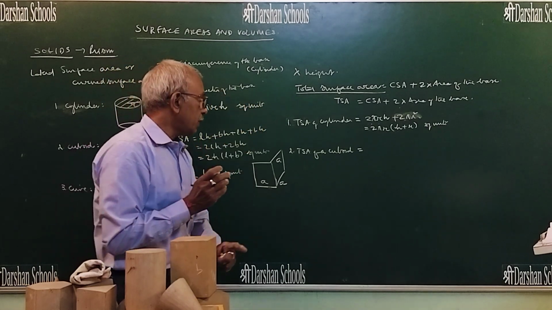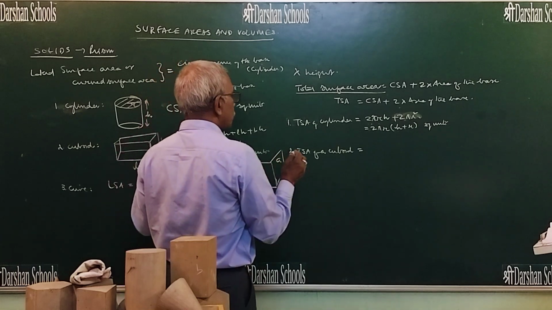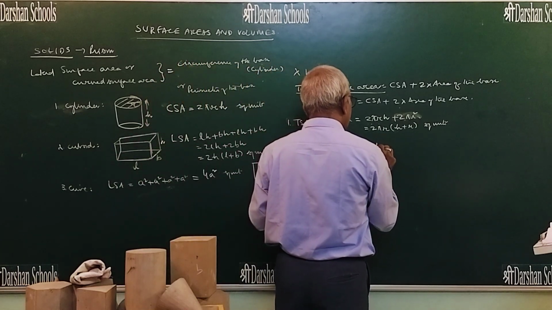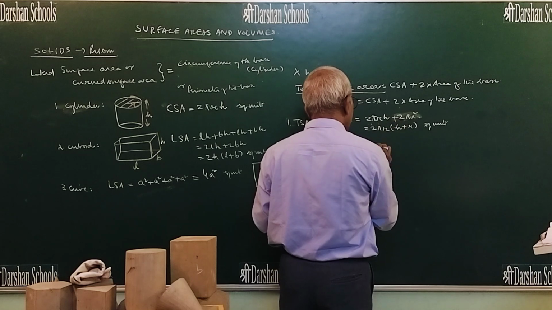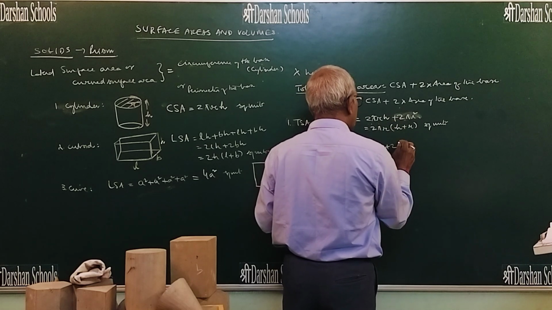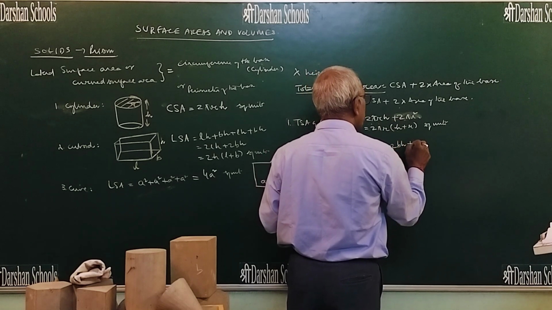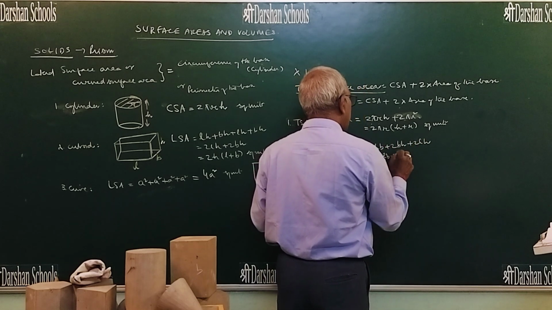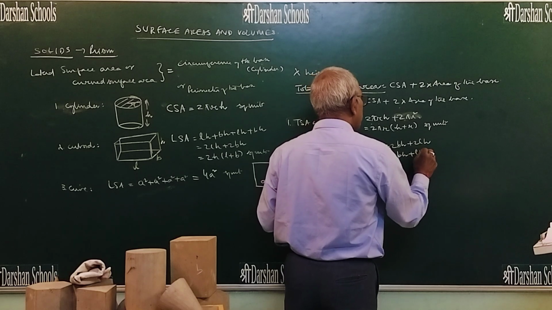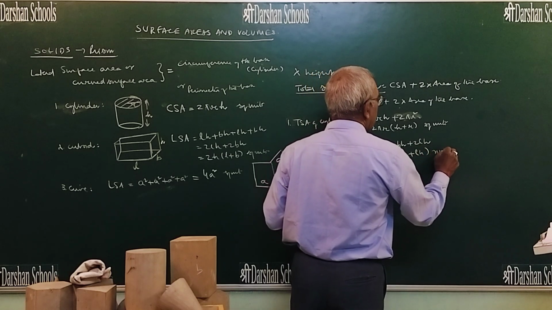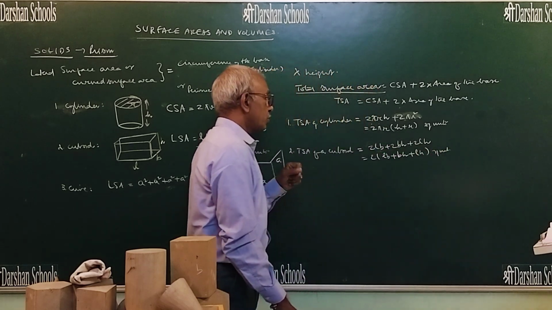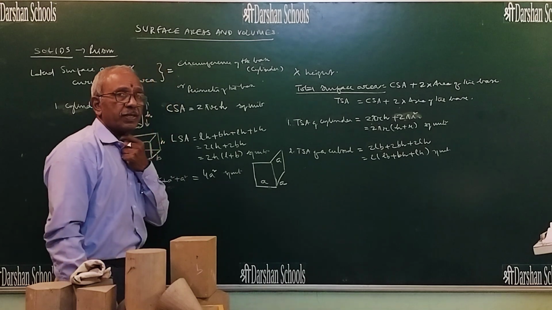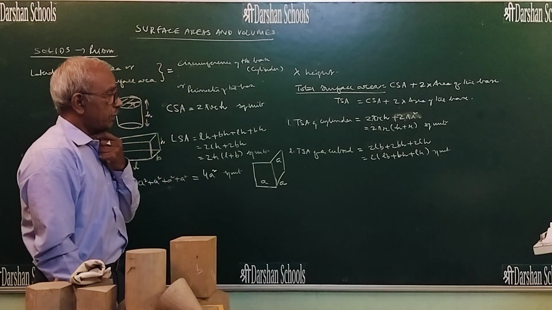So you have 6 surfaces. So one is 2 l b, plus 2 b h plus 2 l h. 2 into (lb plus bh plus lh) square units. Right. So this is the total surface area of a cuboid.